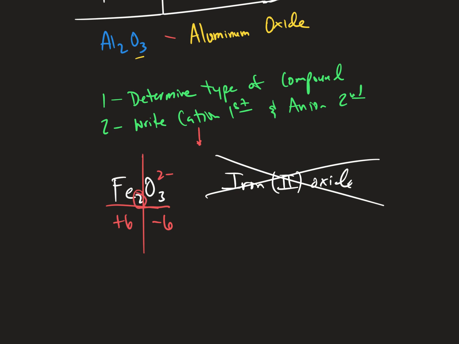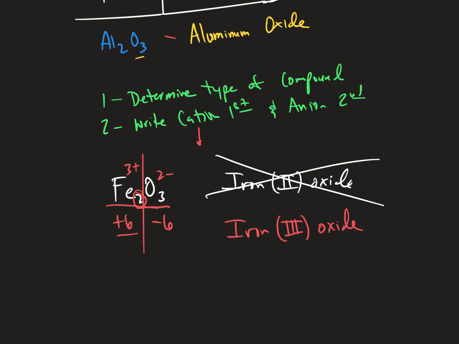And there's 2 irons, and they're identical. They're both irons. So +6 divided by 2 is +3, or 3+. So that means it's iron 3 oxide.